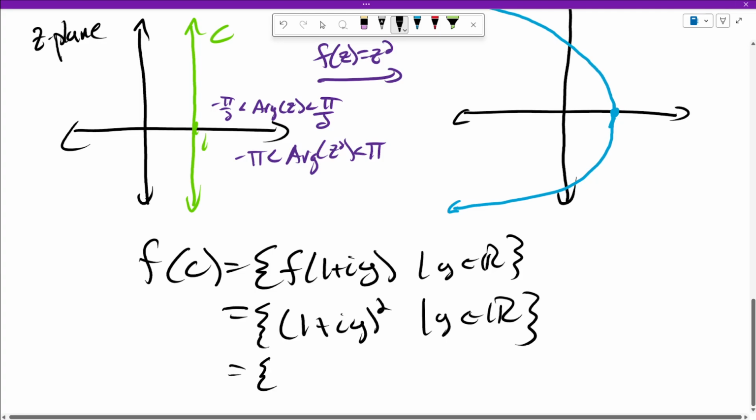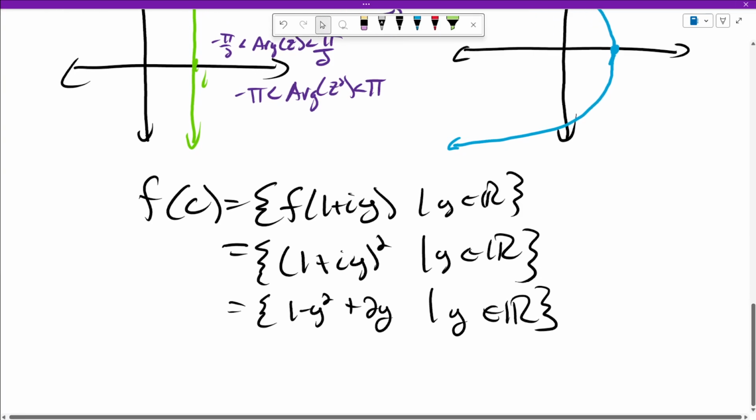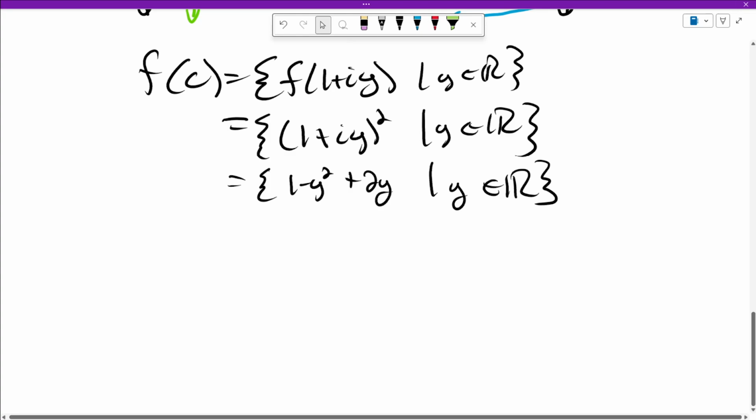And (1 plus iy) squared is 1 minus y squared plus 2yi.